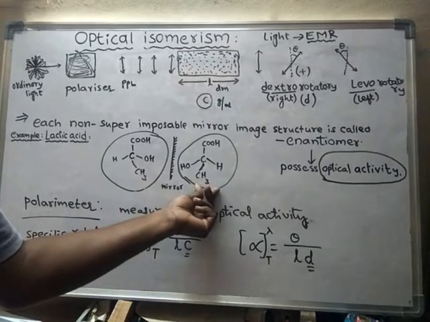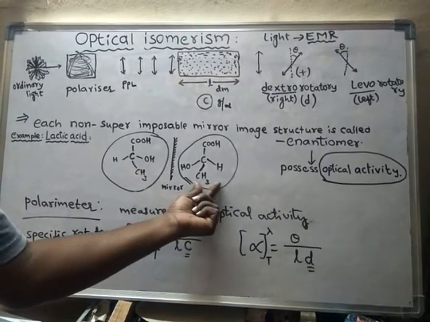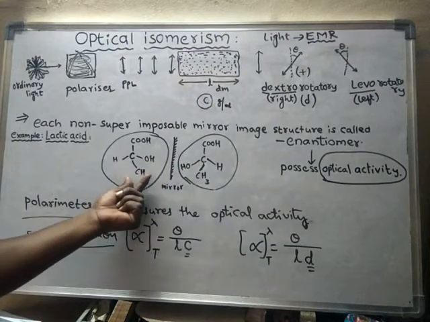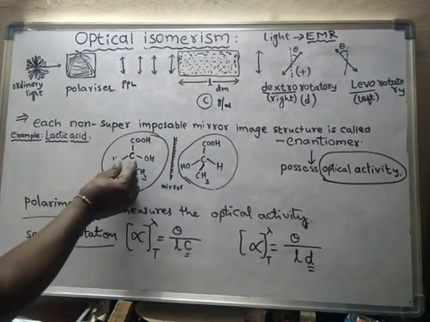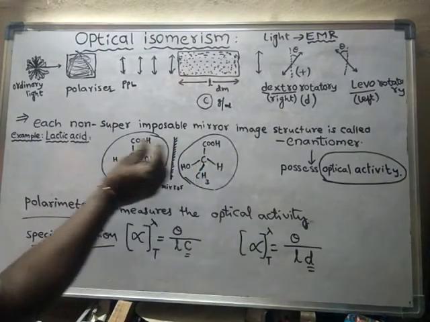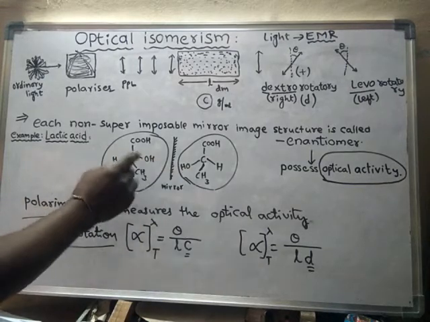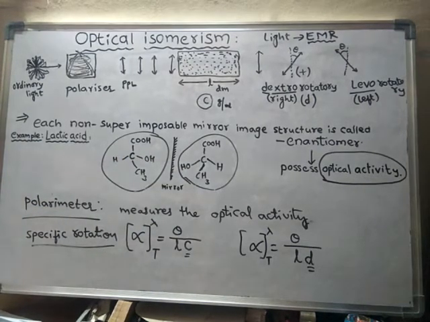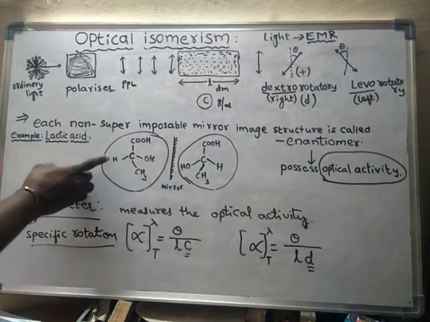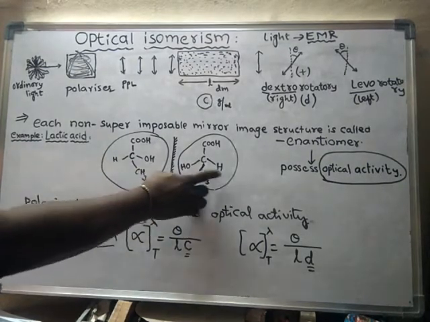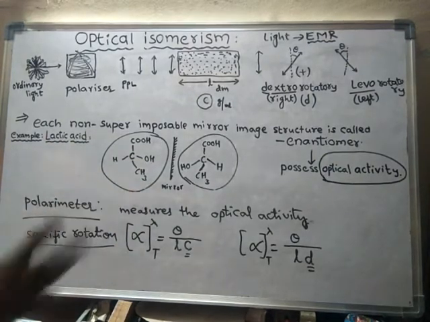This is also optically active, because if you lift this compound and keep it on this enantiomer, these two will not superimpose, because this OH will come over the hydrogen, and this hydrogen will come over the OH. So they are not superimposable.